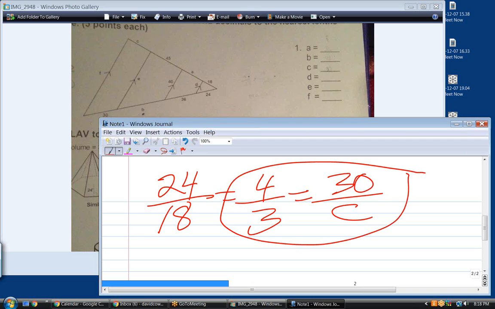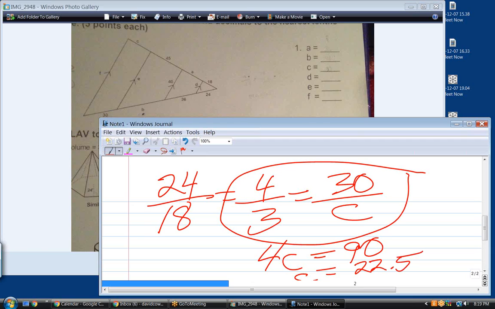Now, to solve that takes 2 steps. I do have to cross multiply because there's no single step that will let me solve for C. So I cross multiply and then I divide by 4. So C equals 22.5. And it says round decimals to the nearest 10th place. 22.5. 0.5 is the 10th place.